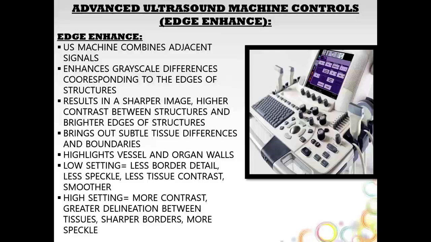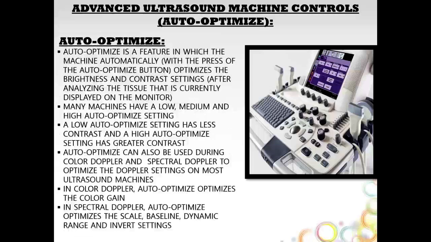Low setting, you're going to have less detail, less border detail, less tissue contrast. It's going to be a smoother image. High setting, more contrast, a greater delineation between the tissues, sharper borders of a mass, and more speckle.